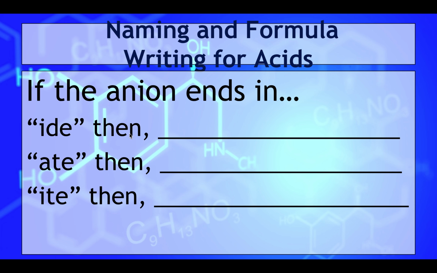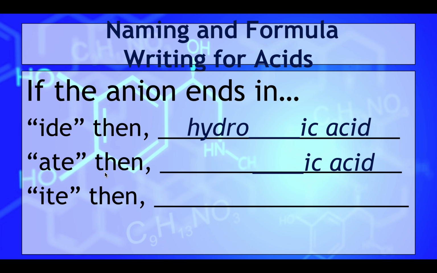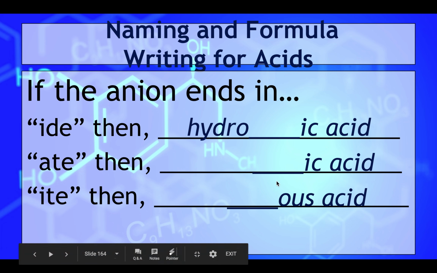So if it ends in "ide", we're going to change it to hydro and add IC on the end. If it ends in "ate", like carbonate, then we're going to change the ending to just IC, and it'll be something ic acid. If it ends in "ite", then we're going to change the ending to OUS and put the word acid at the end.